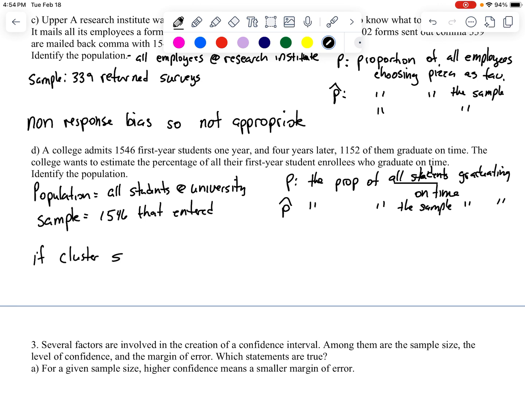And so this is a cluster sample. So if that cluster sample is representative, then it is appropriate.